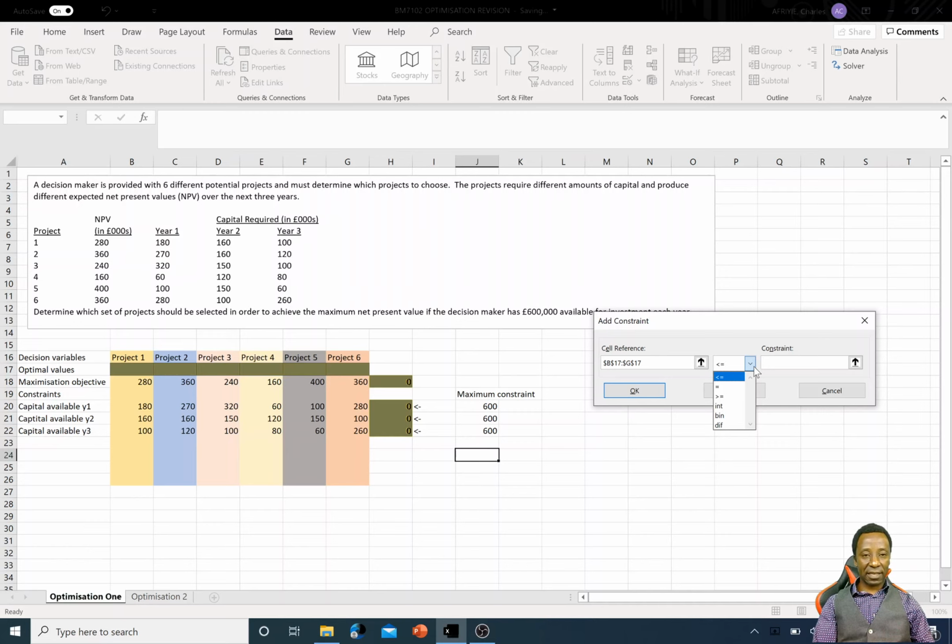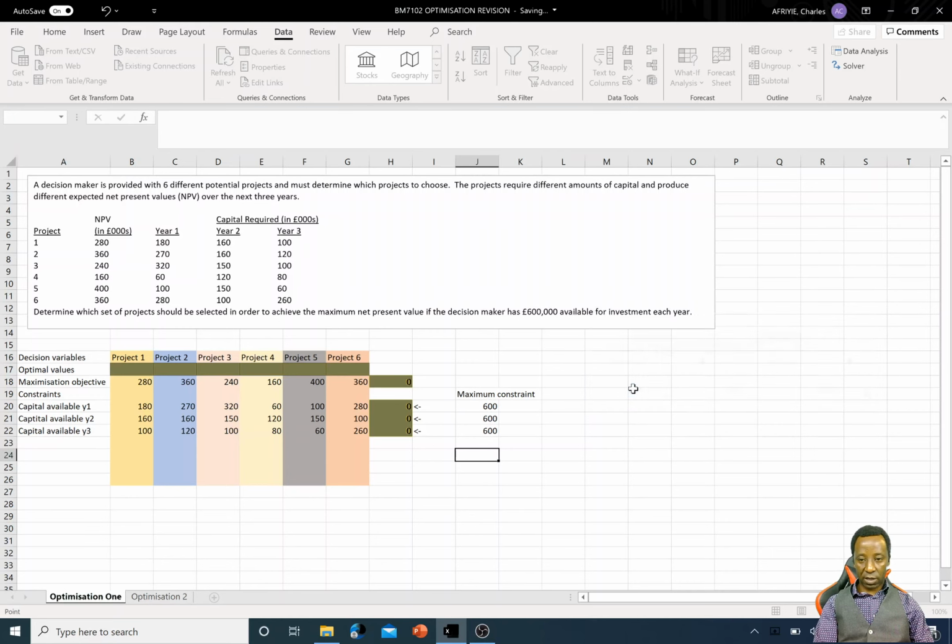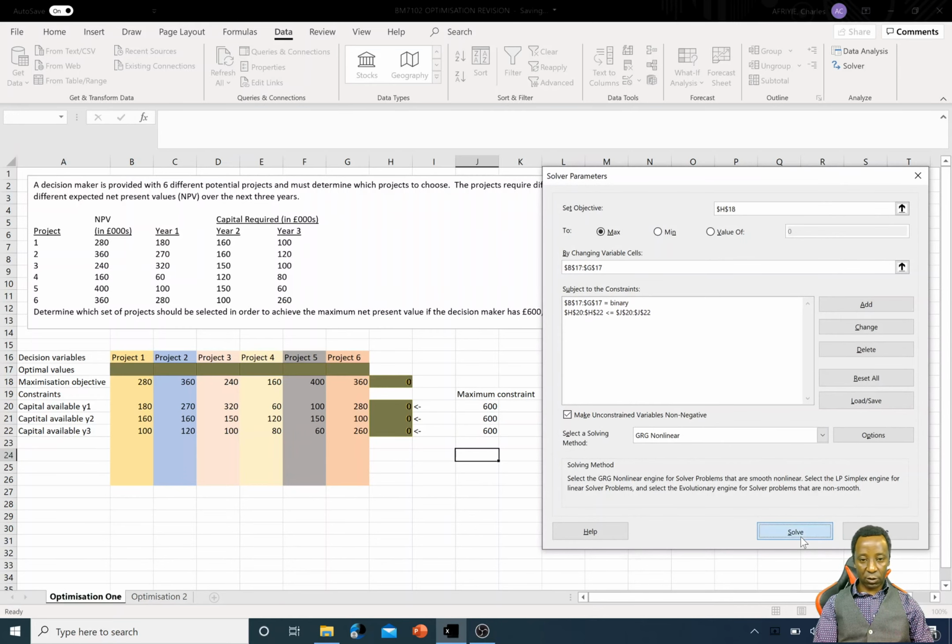And the way it speaks to us is to say 1 for yes and 0 for no. So we go bin for that, and then we add these other constraints that are hidden in there because we dragged down the sum product function. So these guys on the left cannot be more than, so it should be less than or equal to these guys on the right. Okay, so we go okay, and then we solve.